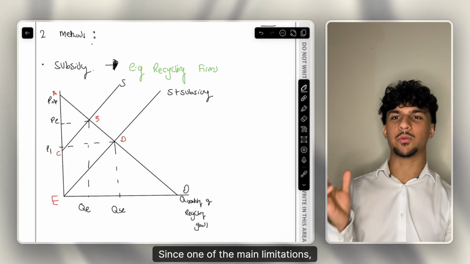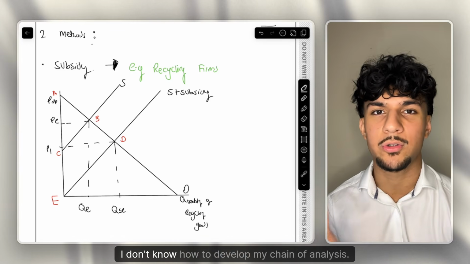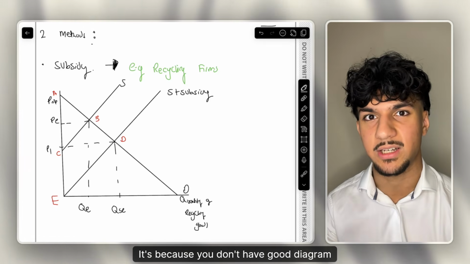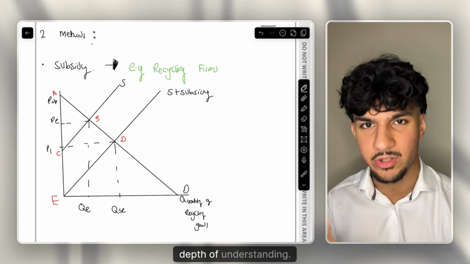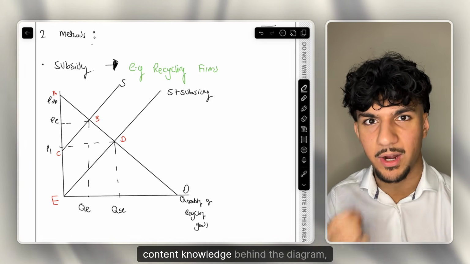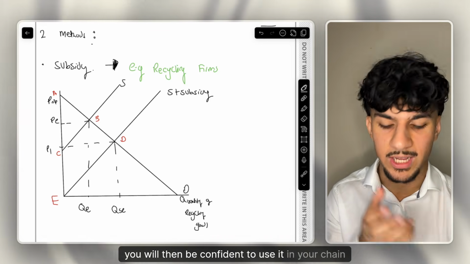One of the main problems with students is that they're constantly telling me, I don't know how to develop my chain of analysis, I have nothing to say. It's because you don't have good diagram technique, you don't know how to incorporate that diagram, and it's all to do with, again, depth of understanding. If you fully understand and can fully grasp the content knowledge behind the diagram, if you understand what it means, you will then be confident to use it in your chain of analysis.